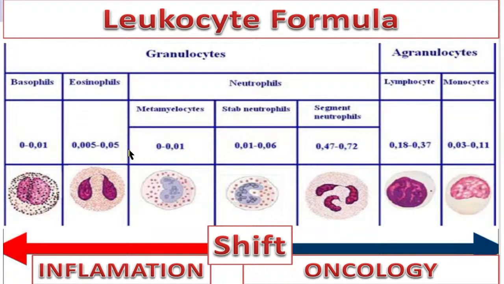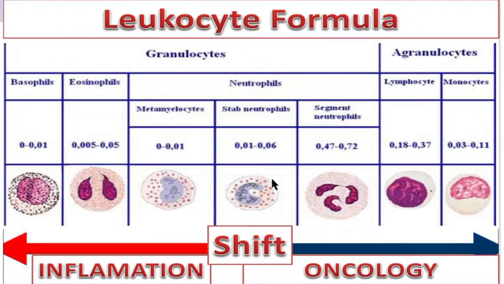For example, we have seen the parameters of the leukocytic formula. It's the quantity of leukocytes per liter, relatively in percentage.